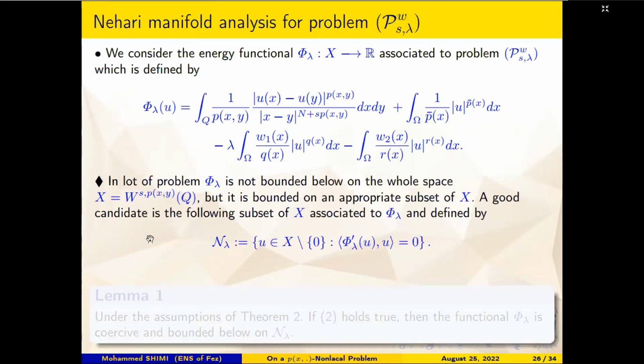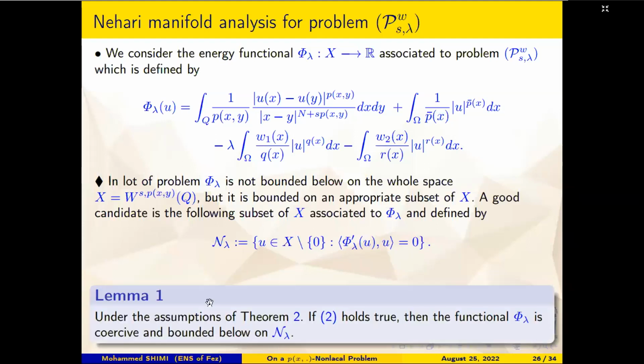In general, in a lot of problems, Φ_λ is not bounded on the whole space X, but it is bounded on an appropriate subset of X. So a good candidate is the following subset of X associated to Φ_λ and defined by this formula. So under the assumptions of Theorem 2 and if inequality 2 holds true, then the functional Φ_λ is coercive and bounded below.